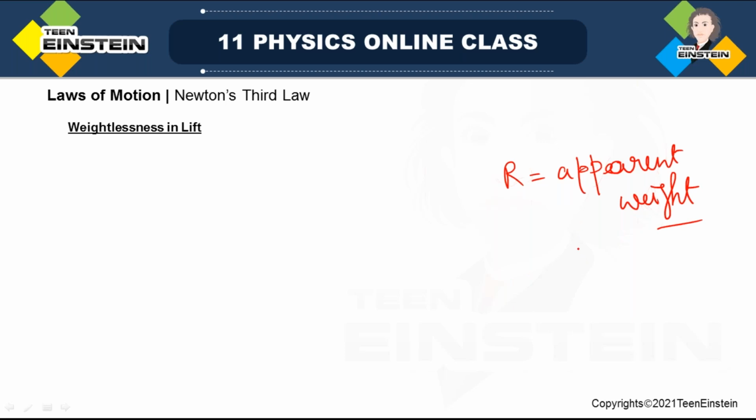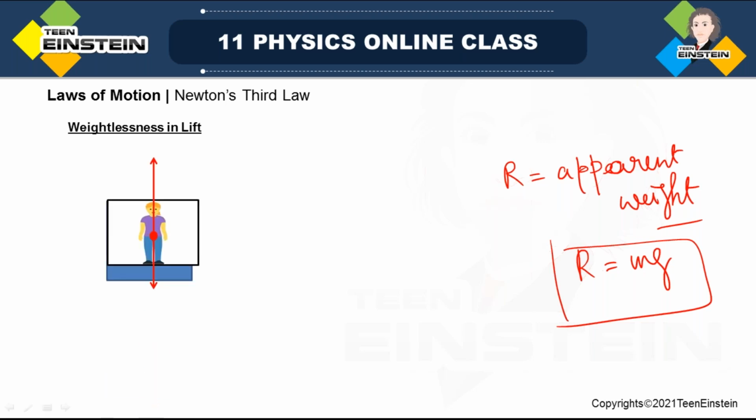When the lift is standing, R is equal to mg. Now we will take up a situation when the lift is moving upward with an acceleration a.